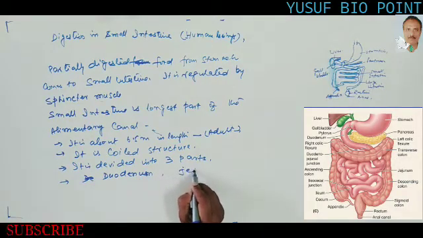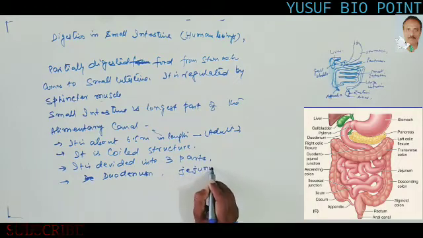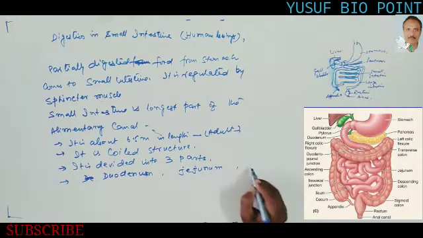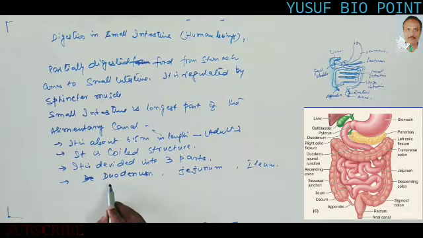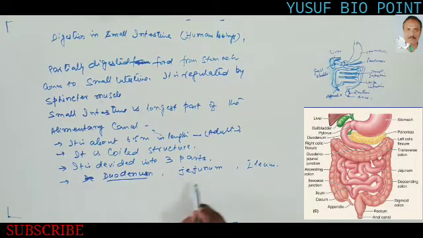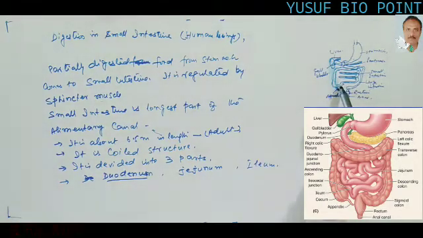Next one, jejunum, and third one, ileum. They are the three parts. That is the first part, this is the middle part, and this is the last part. It means it is the duodenum, from here to this one the jejunum, and from this to the last one, after the large intestine, there is the ileum. So it is divided into three parts.